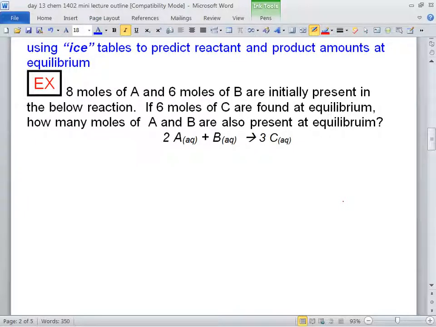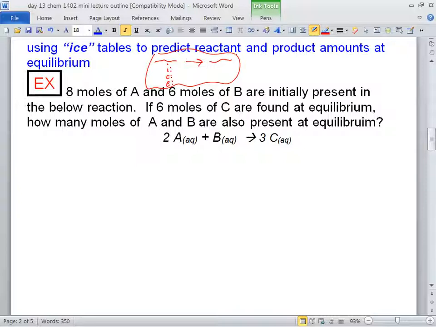Okay. Using ice tables to predict reactant and product amounts at equilibrium. Okay, an ice table. Kenneth, what can you imagine ice is going to stand for? An ice table is going to look like this. We're going to have a reaction, and then we're going to write I, C, E. That's an ice table. Yeah, all these reactants go into products.